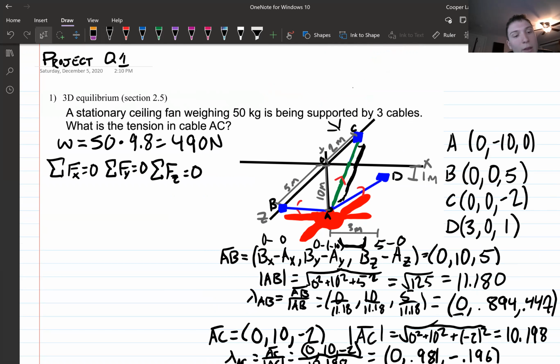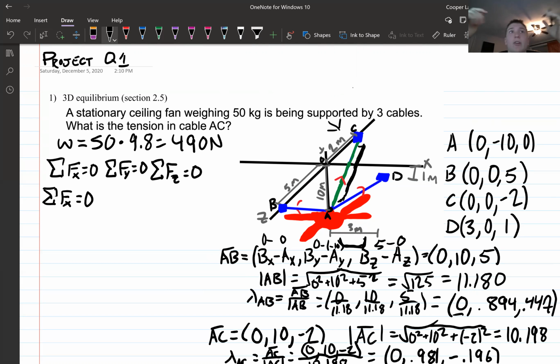So starting out, we're going to grab sigma f sub x equals 0. That was a really bad sigma, sorry, I have to fix. So whatever values I have in my x direction will equal 0.